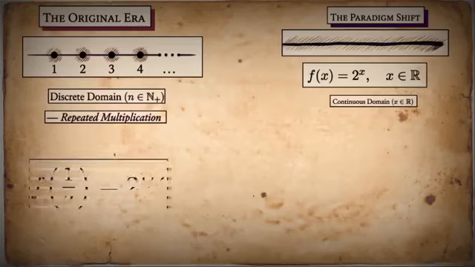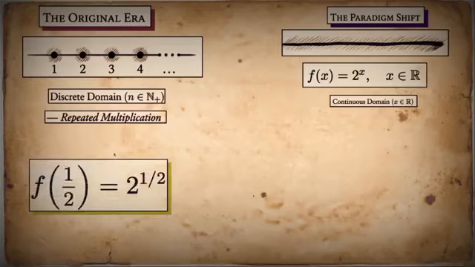Once the domain was extended to all real numbers, the input of 1/2 became perfectly meaningful. 2 to the power of 1/2 is the square root of 2, a definite, finite, well-defined value. The same function that once only accepted whole numbers now accepts any real input and produces a meaningful output.